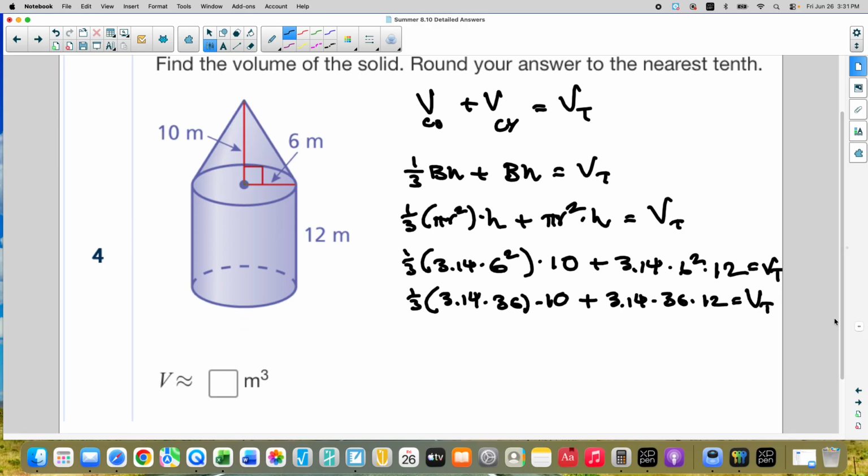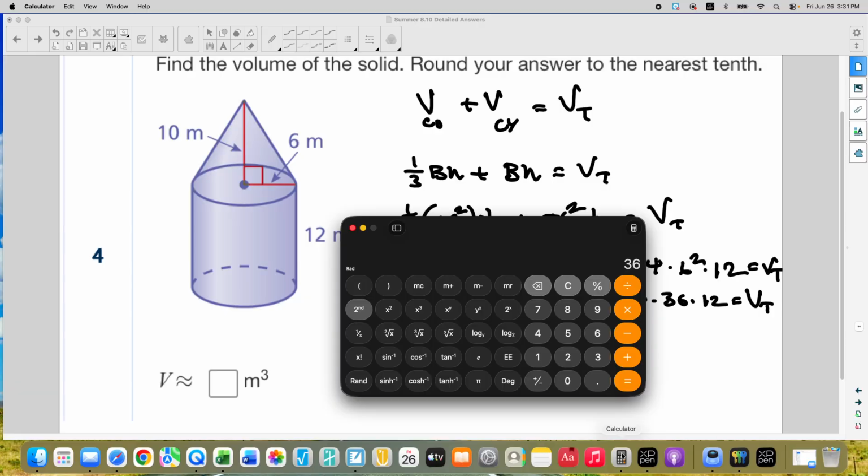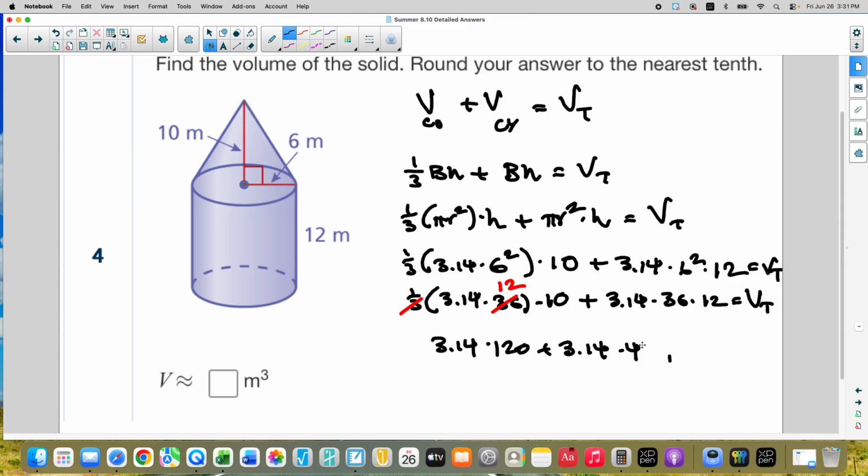Let's simplify the 3 and the 36, which makes 12. Let's do 12 times 10, 3.14 times 120 plus 3.14 times 36 times 12. That's a big number. 432, not as big as I thought.